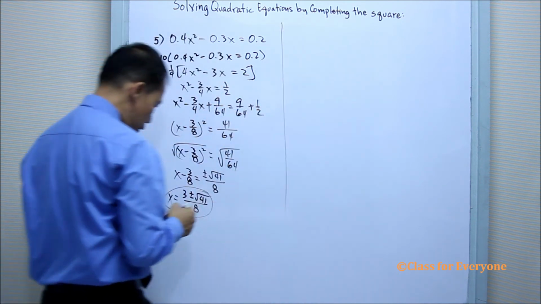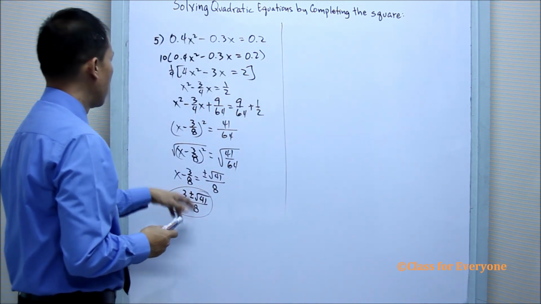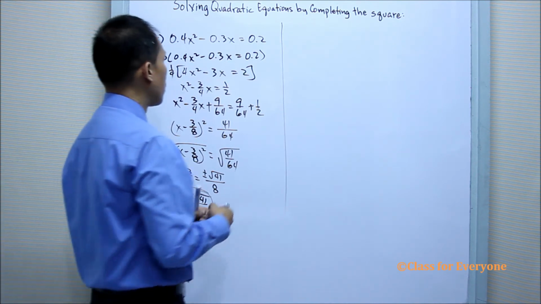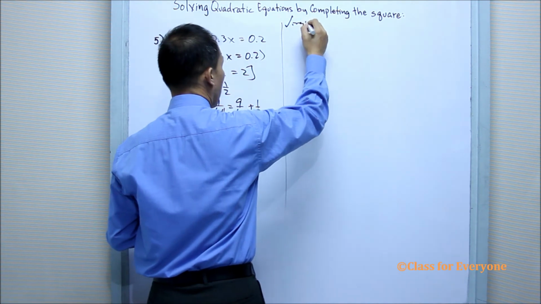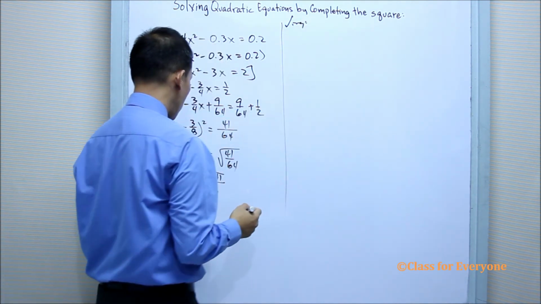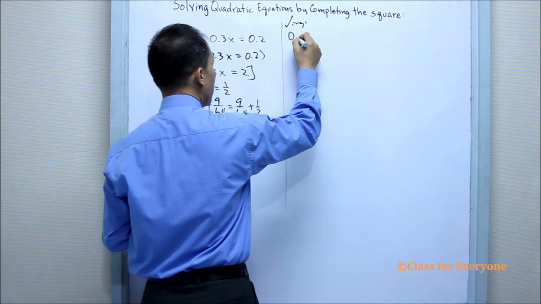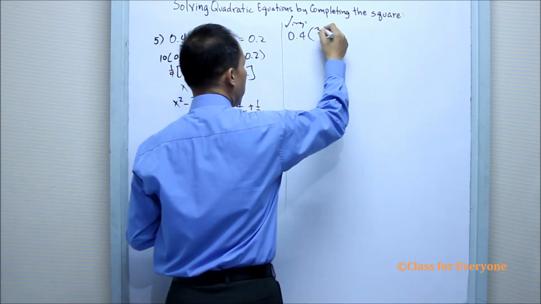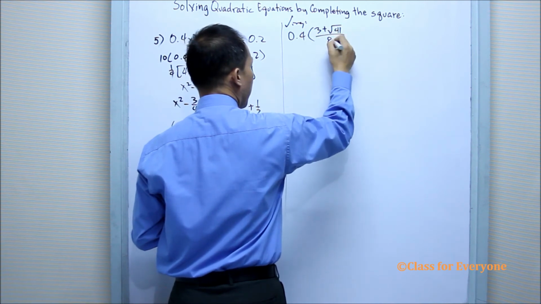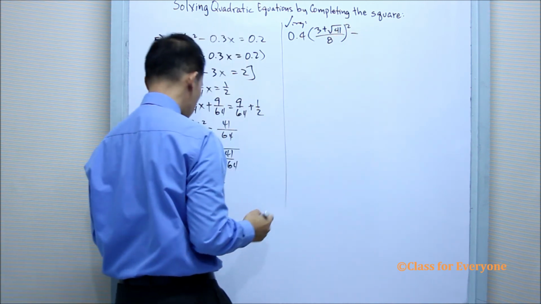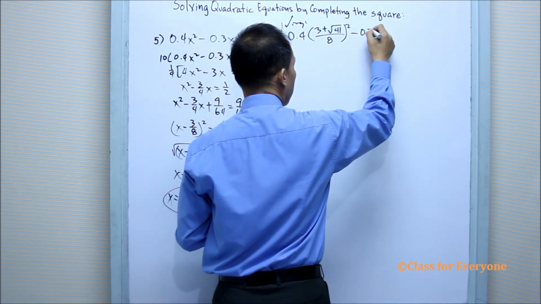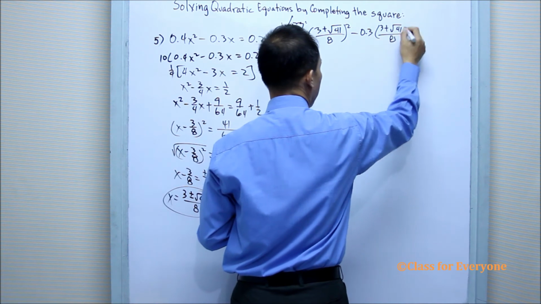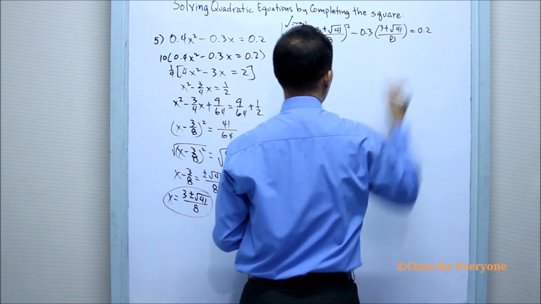Now in checking, let us find out if the roots are correct. Let's check the positive root. So our original equation by substitution will now be 0.4 times the positive root, 3 plus the square root of 41 all over 8, squared, minus 0.3 times 3 plus the square root of 41 all over 8, equals 0.2.